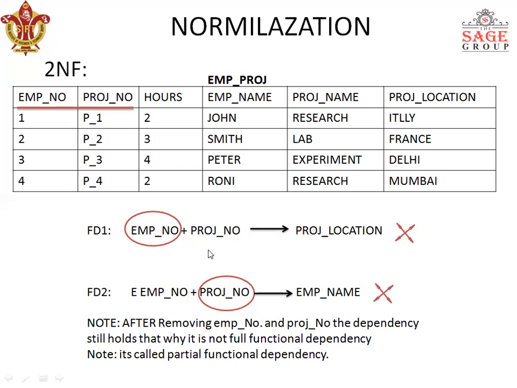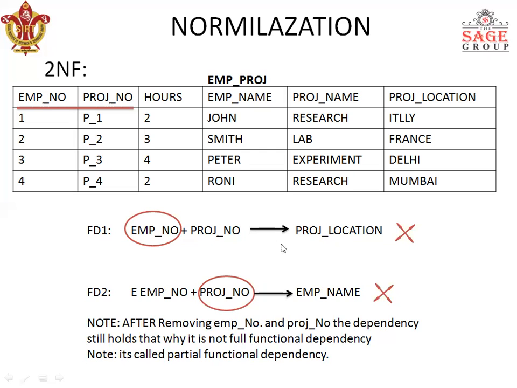But here we want to check what happens if we remove employee number from this functional dependency. Can we identify project location with the help of project number? Yes, we can easily identify project location with the help of project number. That means there is a break of full functional dependency.